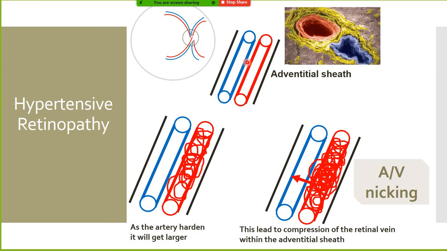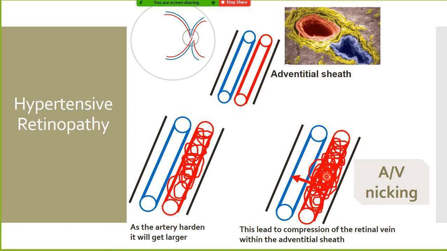This is how a normal blood vessel looks. When there is arterial hardening, the inner passage is reduced as well as there is outer thickening. So when it keeps thickening, pressure is going to be exerted on the vein here.